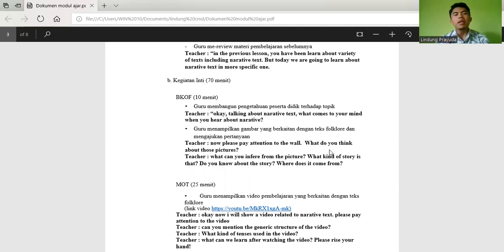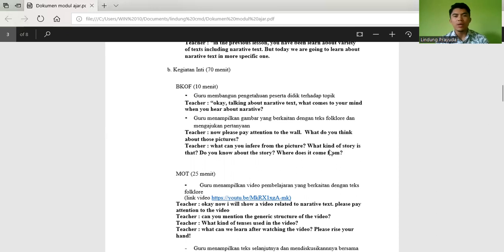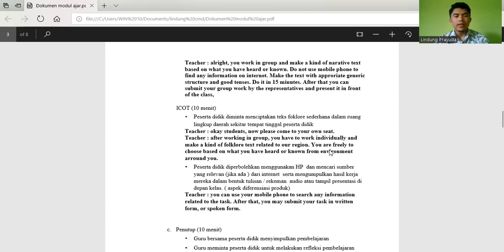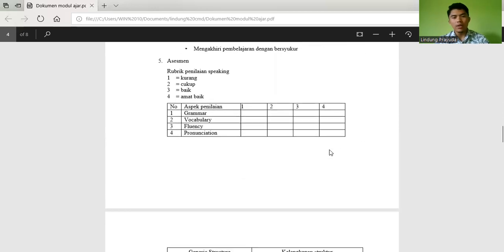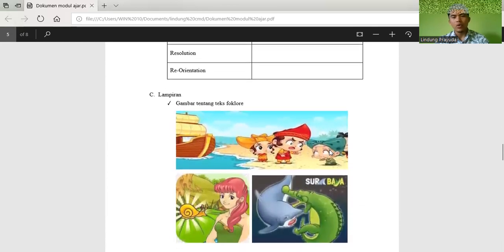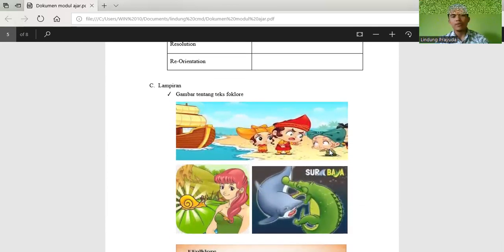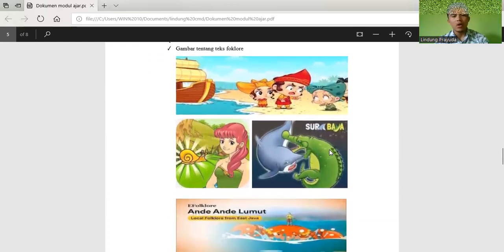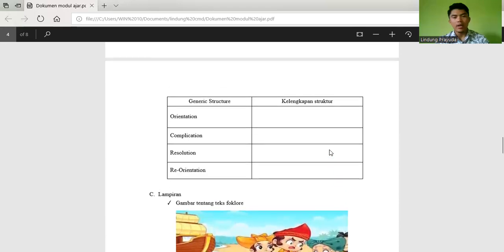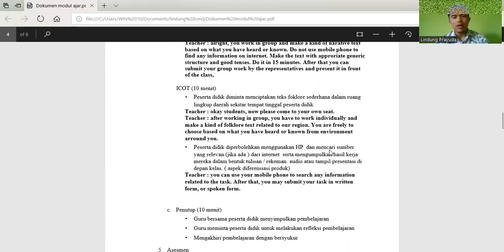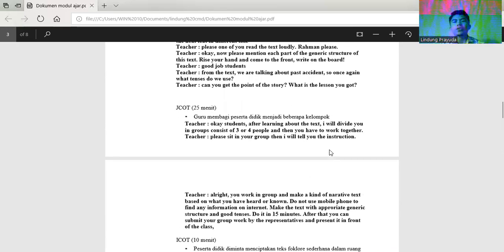For example, now please pay attention to the wall, and the teacher will show some pictures related to folklore. I use these pictures, for example, Malin Kundang, Keong Mas, Surabaya, and Andelumut. The teacher shows these pictures and asks some questions related to them.